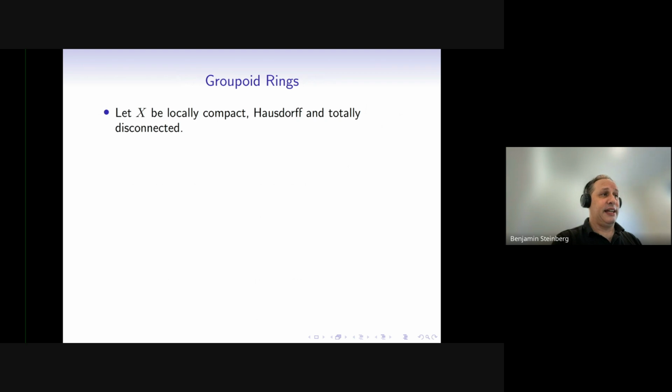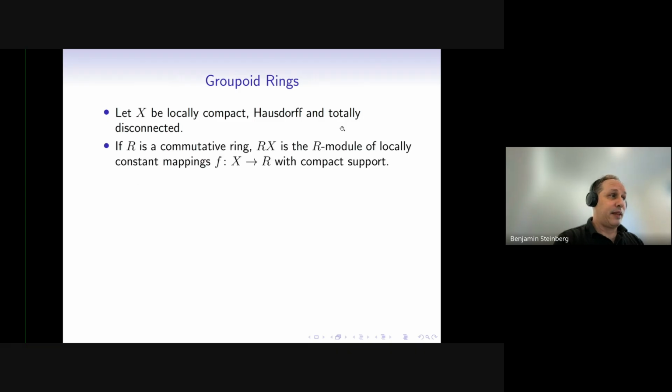Okay, so now I'm going to remind you what a groupoid ring is. So let X be a locally compact Hausdorff and totally disconnected space. If R is a commutative ring, then I'm going to denote by R^X the R-module of locally constant mappings from X to R with compact support. This notation is used by me and is getting more popularity, but it's still not universally accepted.